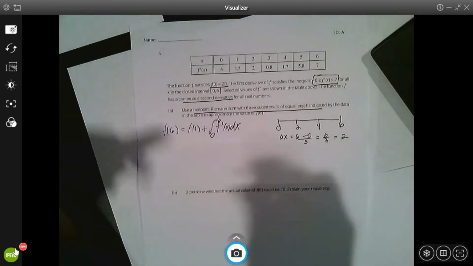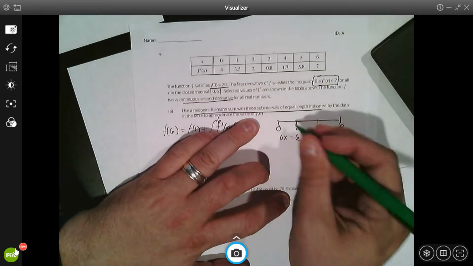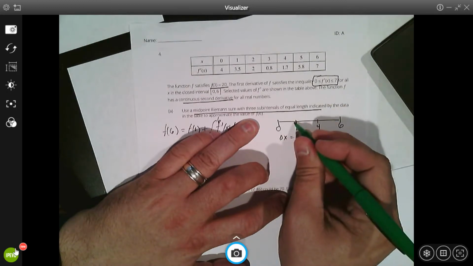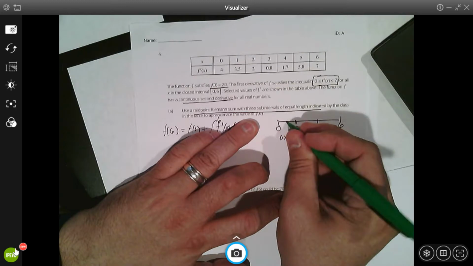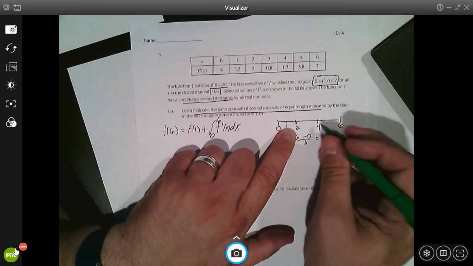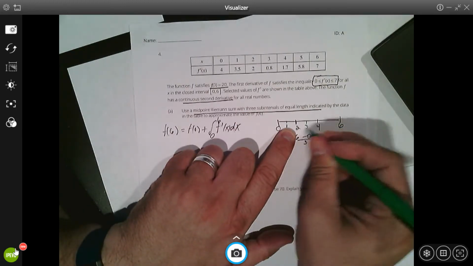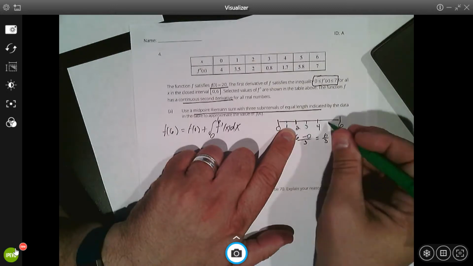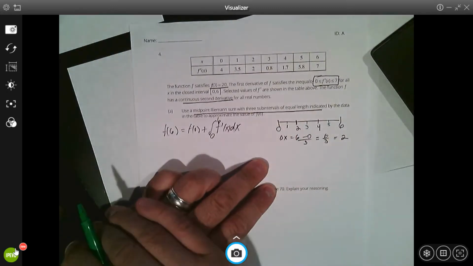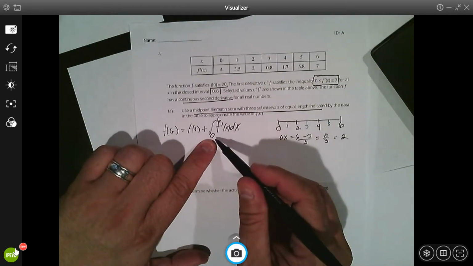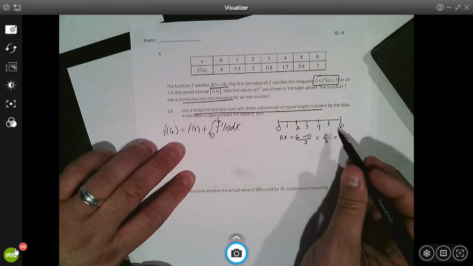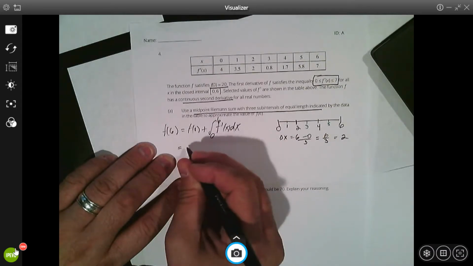But I want to be careful. I'm supposed to use the midpoint method. So on this subinterval, I don't use the value at 0. I don't use the value at 2. I use the value of the derivative at 1. On this subinterval, it's going to be the value of the derivative at 3 and the value of the derivative at 5.